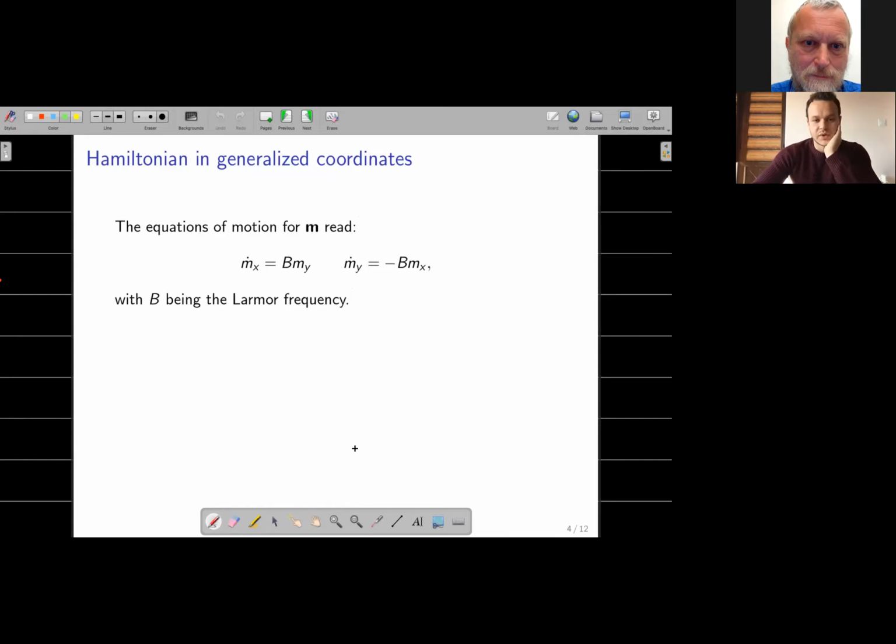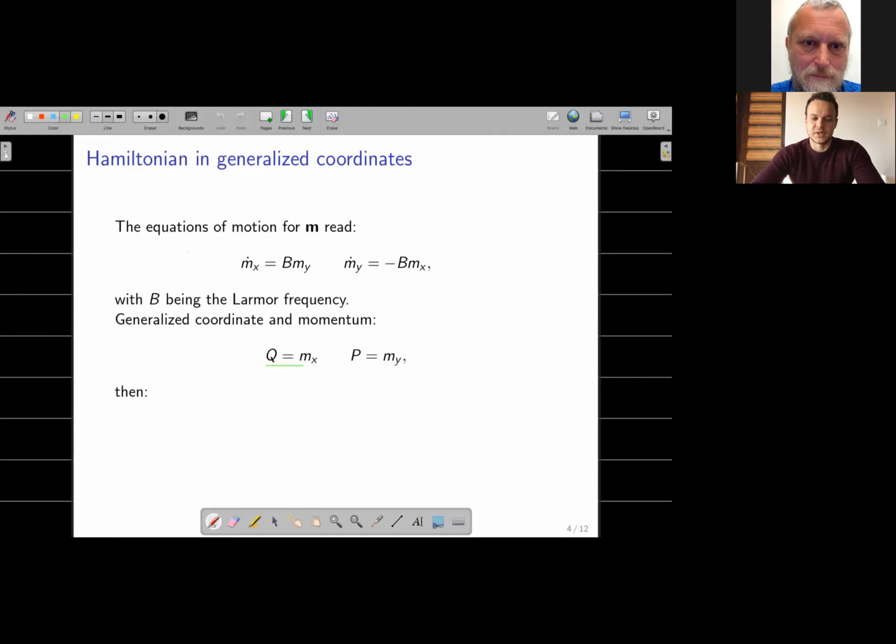Now, in order to find the Hamiltonian in generalized coordinates, the equations of motion for m read in the following way. What we want here is simply to make an analogy between those coordinates mx and my with the generalized coordinate and momentum. So here they are, the generalized coordinate and momentum.